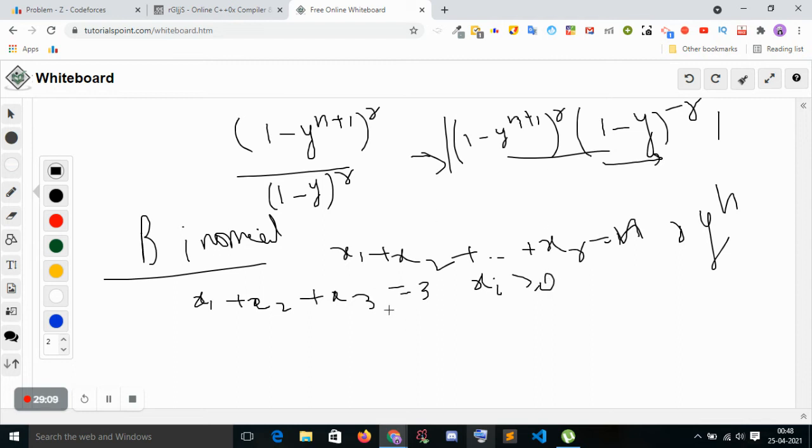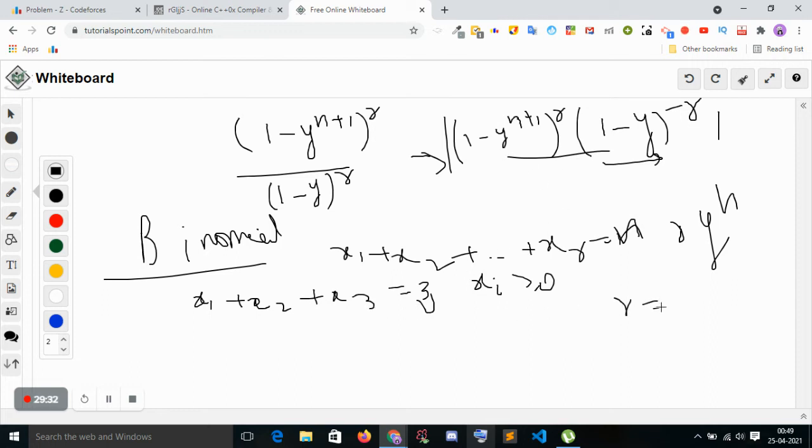I will put n as 3. The number of terms is n plus 1, and it will become r times. So n is 3, and r is also 3.